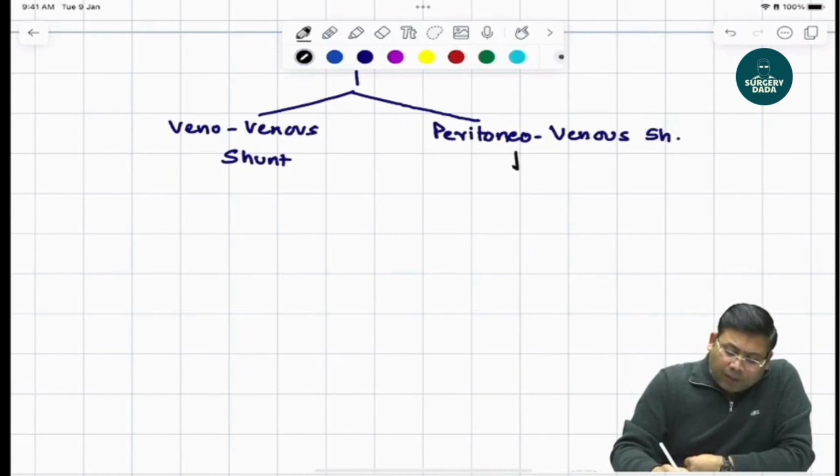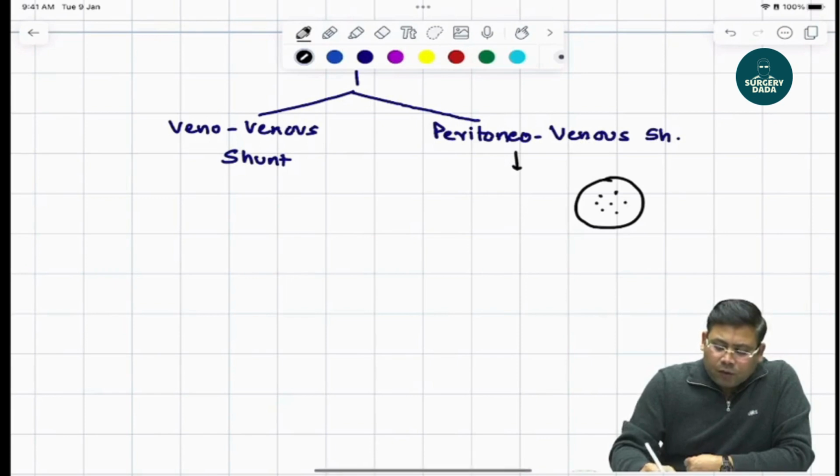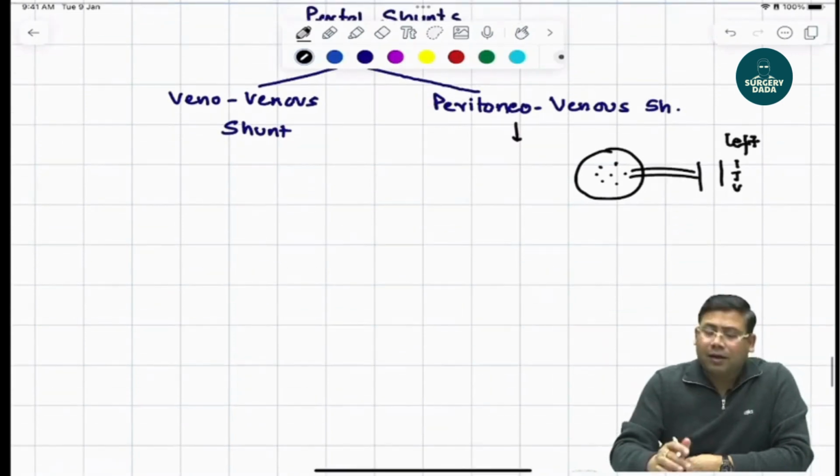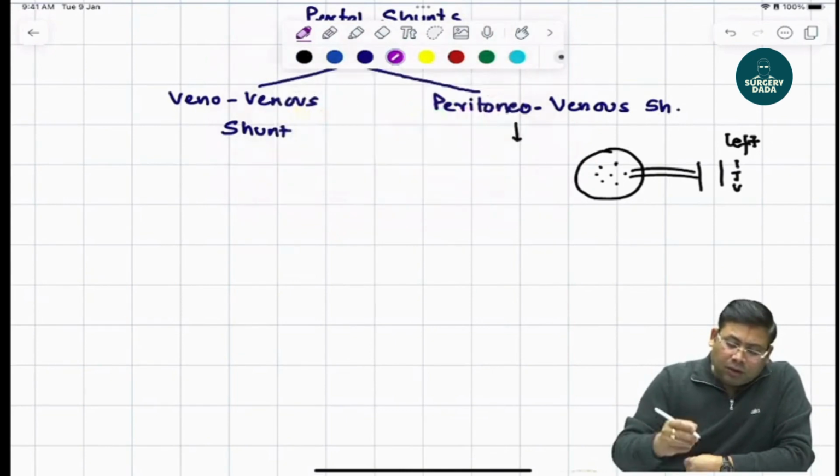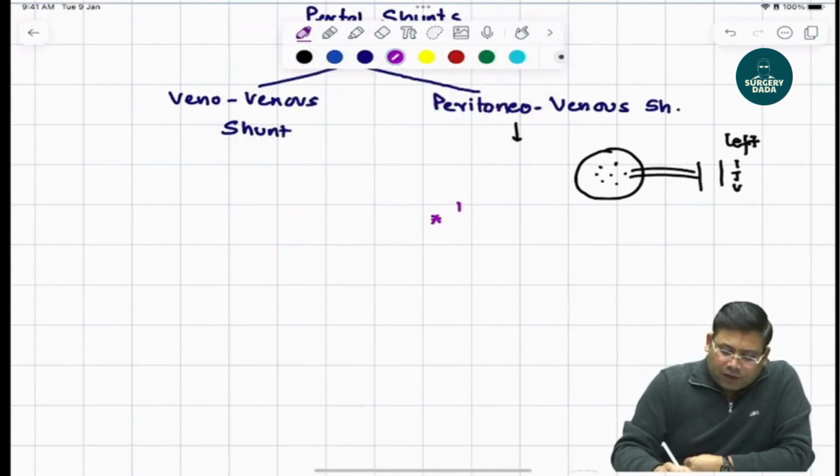So when we talk about the peritoneovenous shunt, from the peritoneal cavity, you are connecting this with the venous system, and basically the left internal jugular vein is the classical target for this. The first we have is LeVeen shunt. What do you mean by LeVeen shunt?